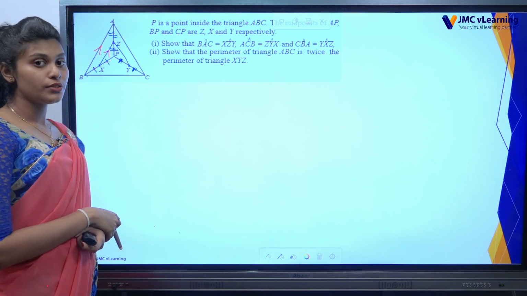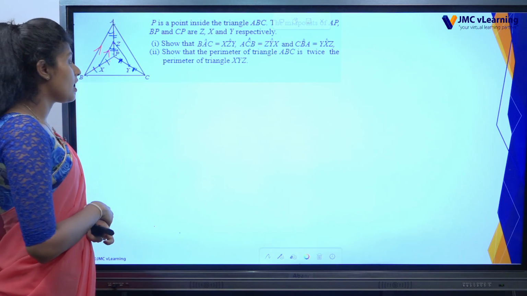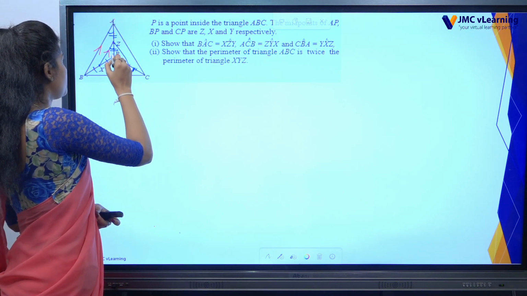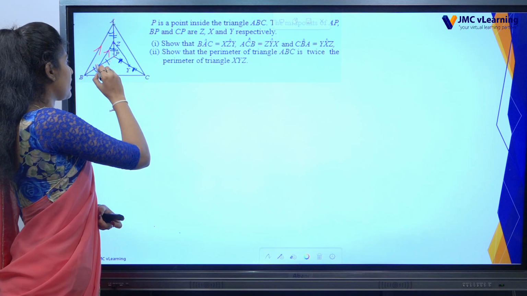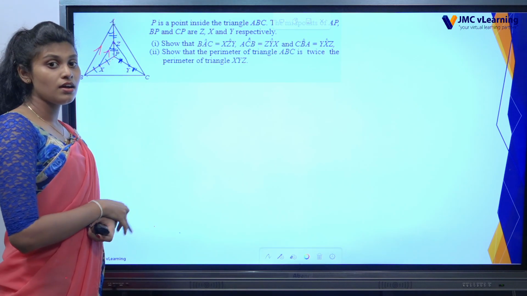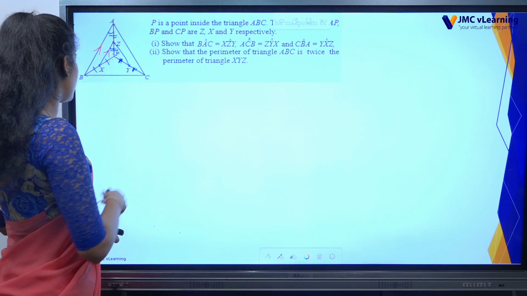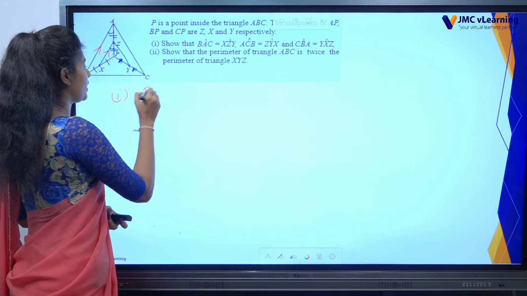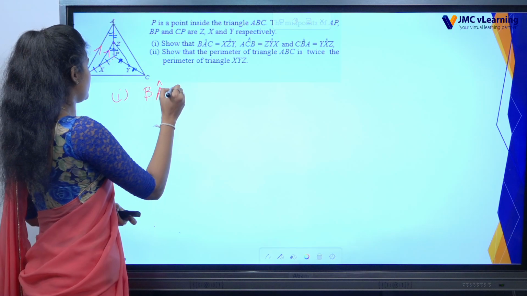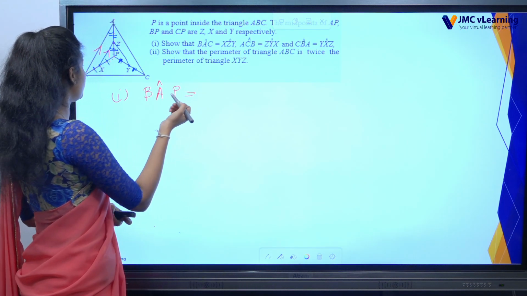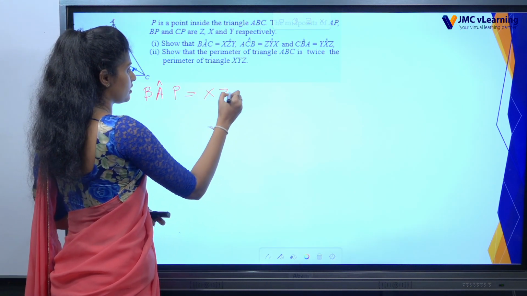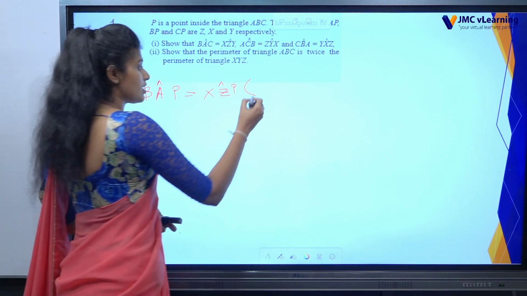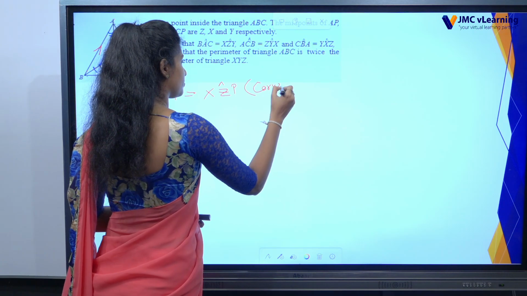When they are parallel to each other, here we can take the corresponding angles. BAP angle and XZP are corresponding angles. Then let's write the first equation. BAP is equal to XZP angle. What's the reason? Corresponding angle.